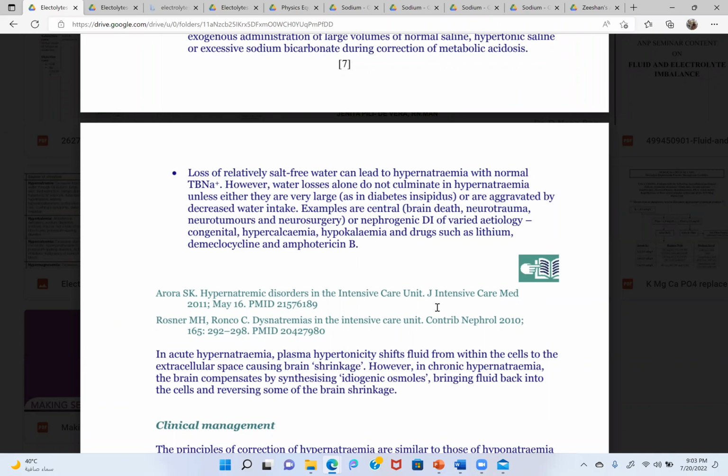So what I'm endorsing is that you should not use bicarb without any solid reason. If the patient is in acidosis because of lack of circulation and you don't correct the circulation and the hypotension, then by giving bicarb you will not get anything. So that is the concept.